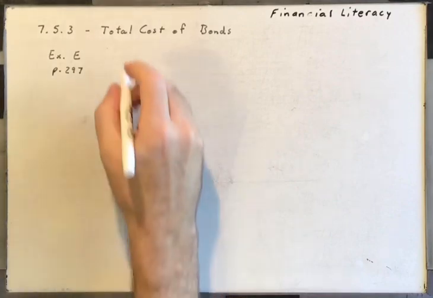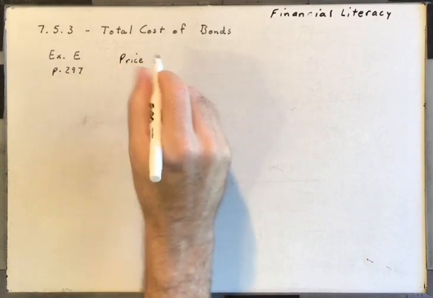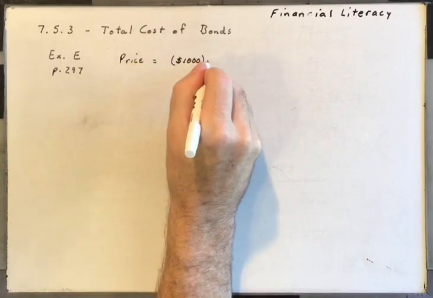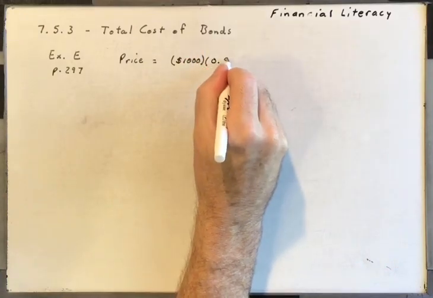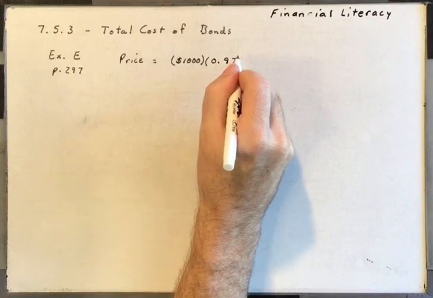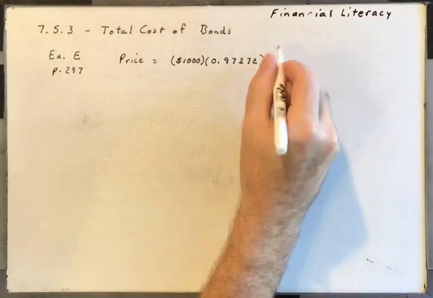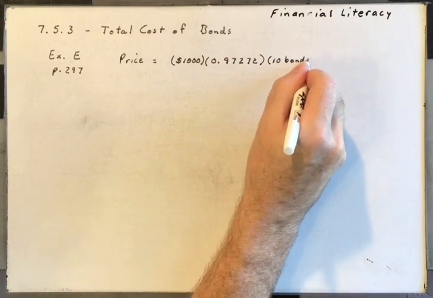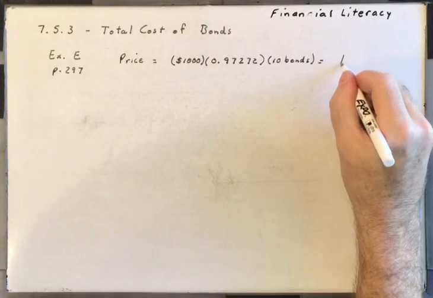The price part is going to be the par value, $1,000. Then the discount, which is 0.97272. And then there's 10 bonds, so multiply that by 10. And that's 9,727.20.